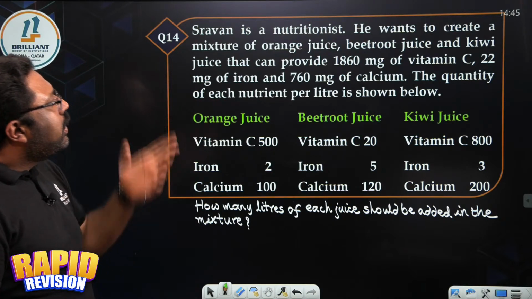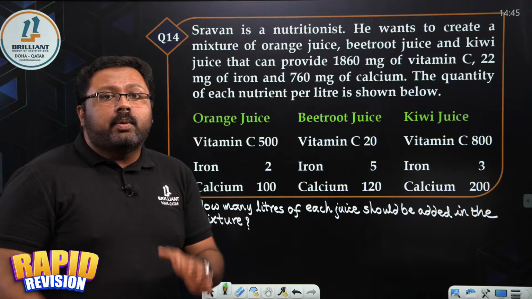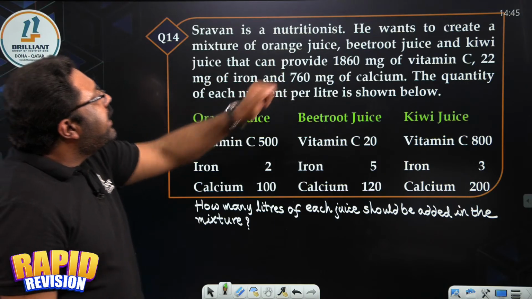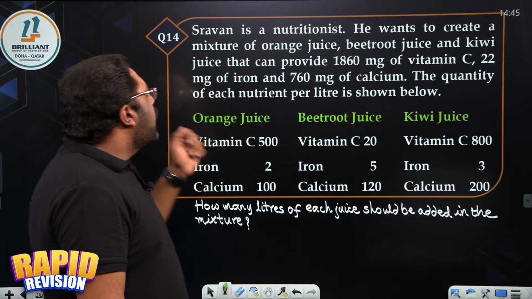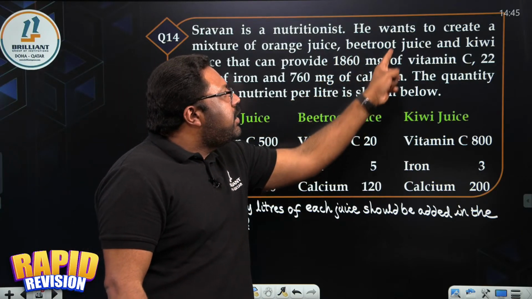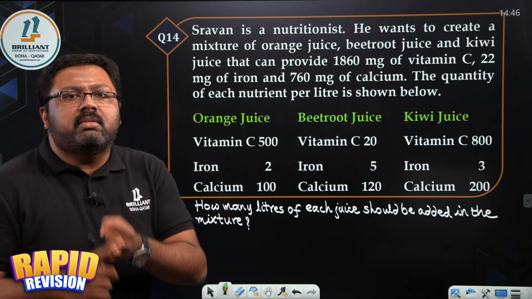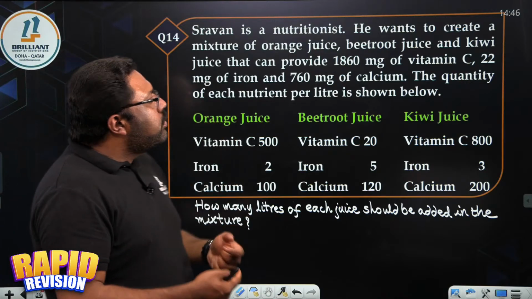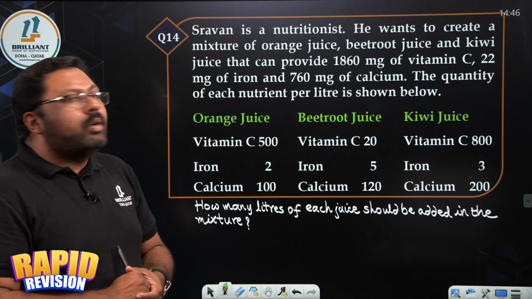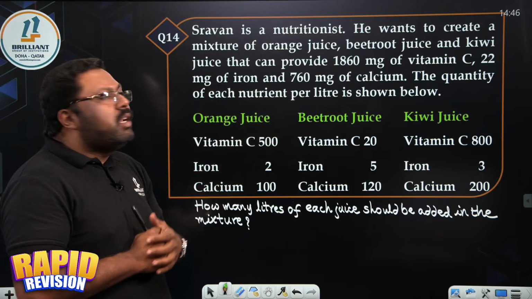Shravan is a nutritionist. He wants to create a mixture of orange juice, beetroot juice and kiwi juice. So he's making a new mixture of orange, beetroot and kiwi that can provide 1860 milligrams of vitamin C. So how much orange juice, how much beetroot juice, how much kiwi juice should be mixed so that I get 1860 milligrams of vitamin C, 22 milligrams of iron, 760 milligrams of calcium.